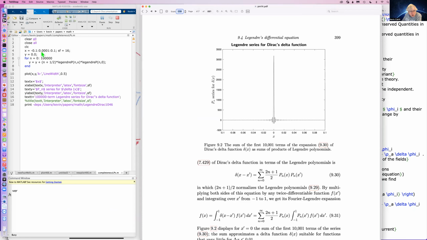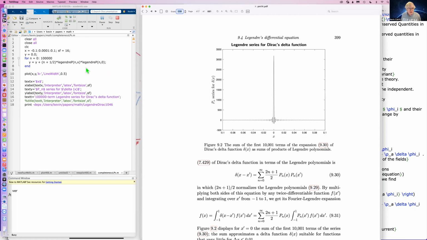And so I did 0.0001 and then set this n to go to 100,000. Well, it's been running all day and all afternoon. I started around, I don't know, noon or 1 o'clock. Still running, and I think I'm just going to have to start another program.